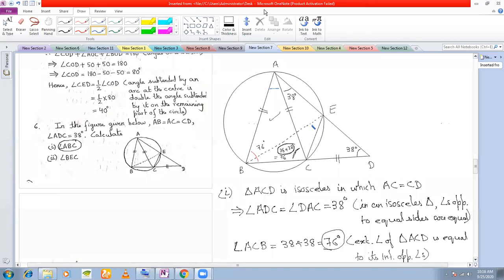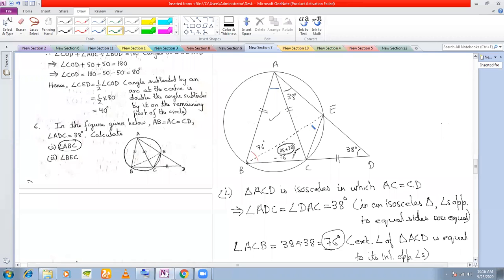Sir, which one? The two angles that I have marked in blue. Because they are on the major segment from the chord BC. Yes, they are on the same segment.